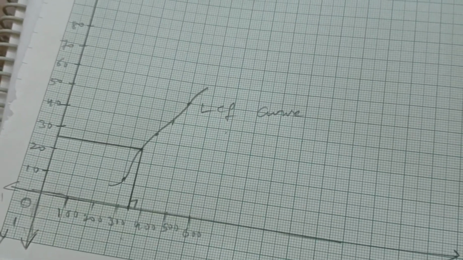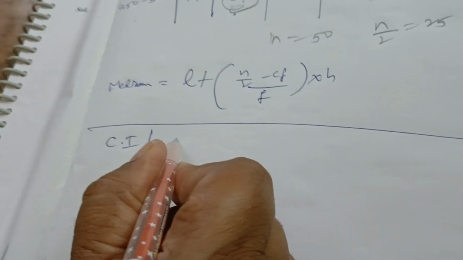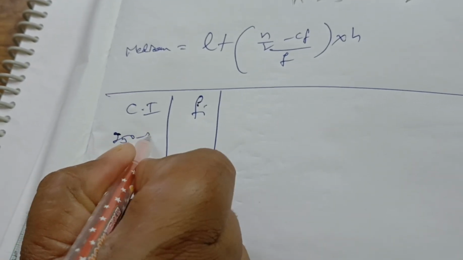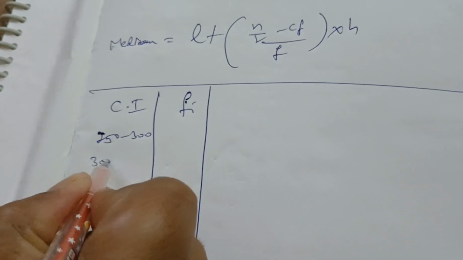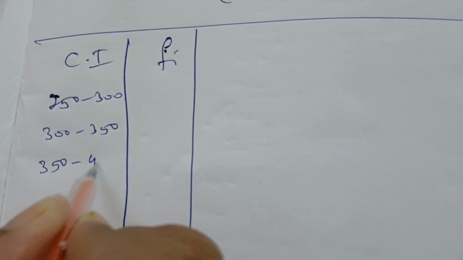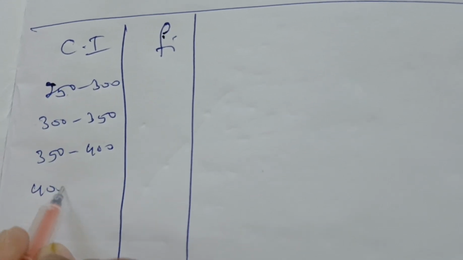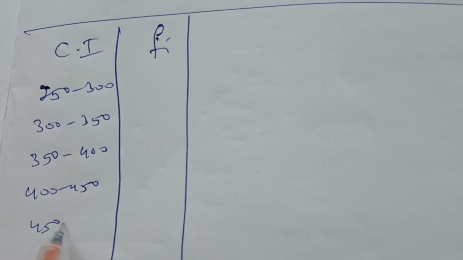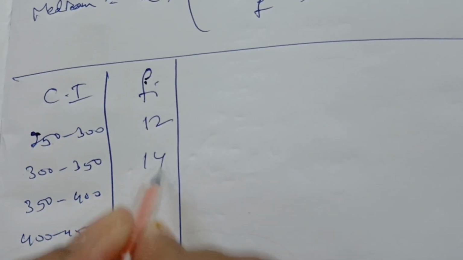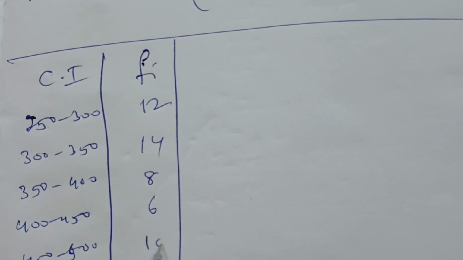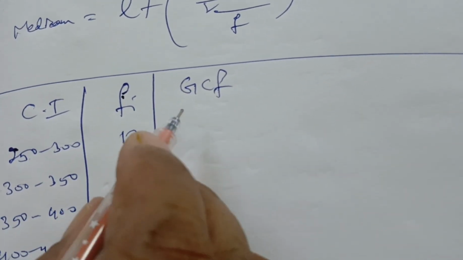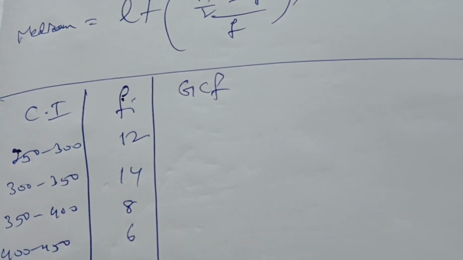If we want, we can draw the greater than ogive curve also. Now for the same question, let me do the GCF curve, that is the greater than cumulative frequency curve, or greater than ogive curve. For that we need the lower boundary. This is all the same as what we have done, but this time we need to find GCF. What is meant by GCF? We have to add from down to up.